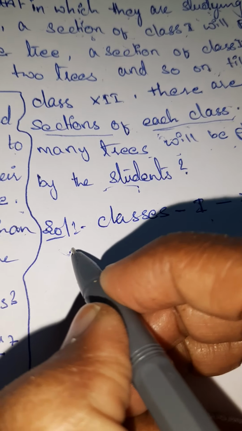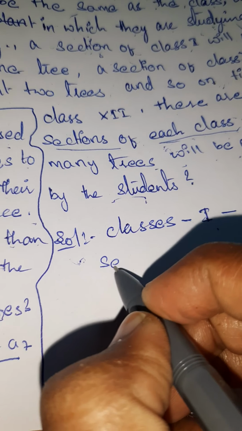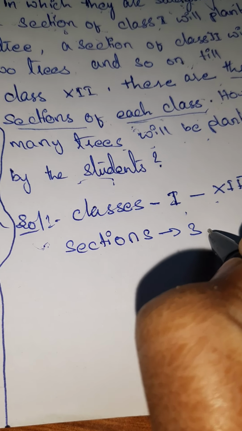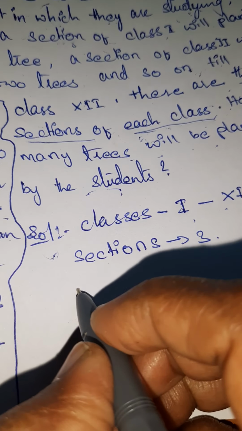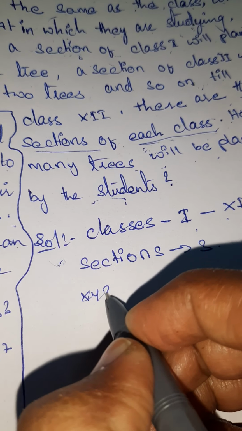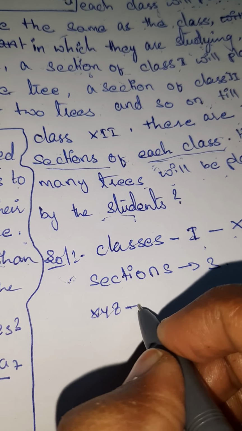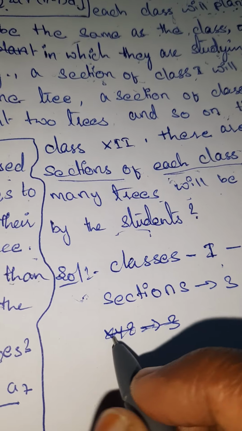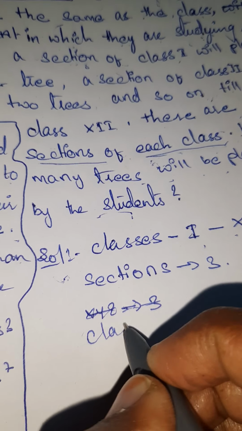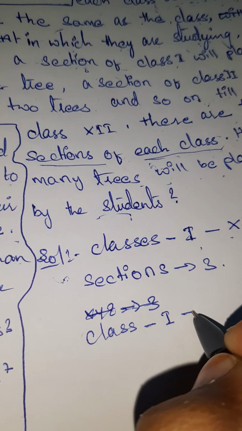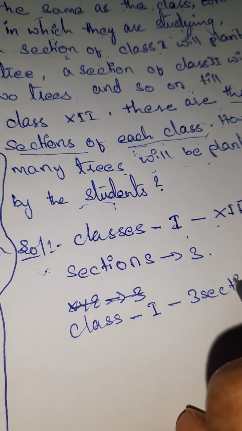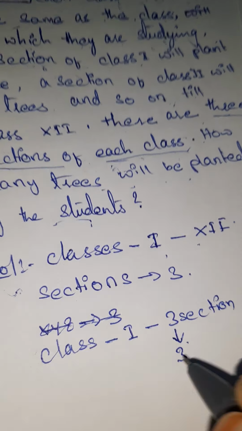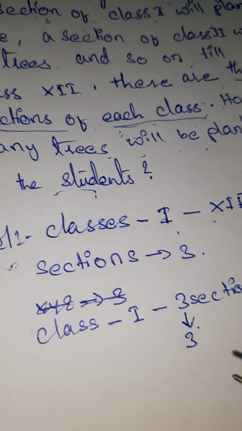How many sections are given in the question? Three sections, right? Let us not take this example. If class 1 has three sections, each section will plant how many trees? One tree each, so they'll plant three trees, right?